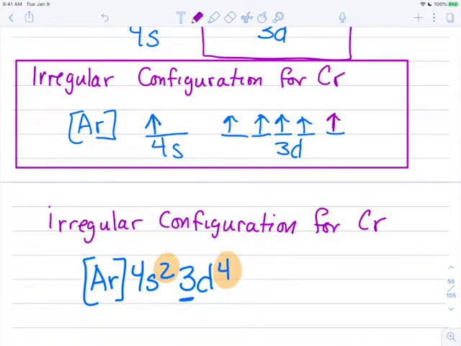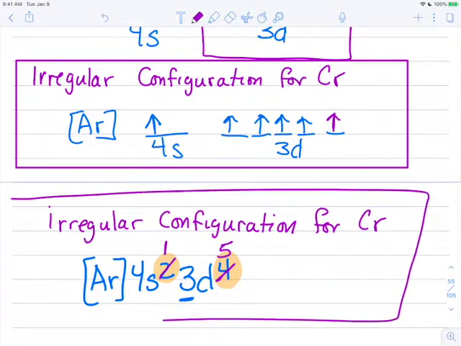All right, so instead of a 4s2, we now have a 4s1, and instead of a 3d4, we now have a 3d5. So we have promoted one. Thanks for clearing that up, Andrew. So yeah, we have promoted one electron from the s into the d's.